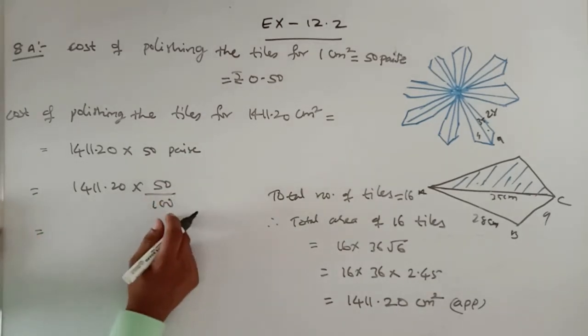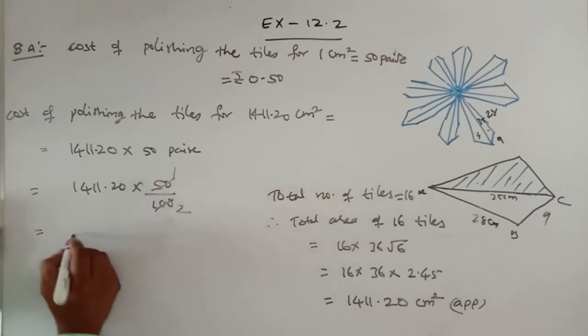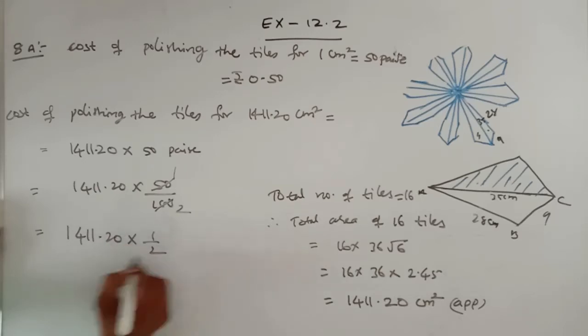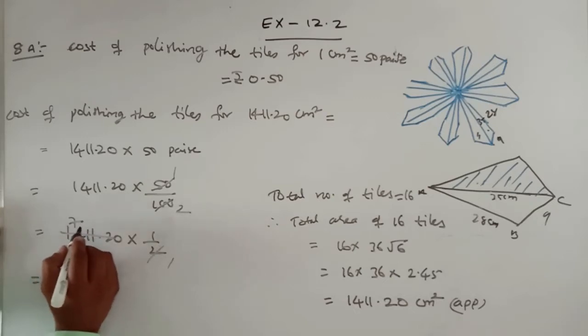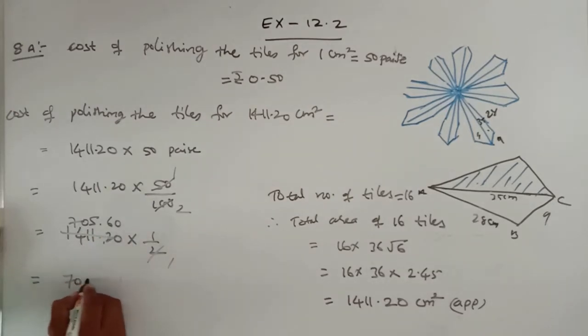1 rupee is equal to 100 paise. So 50 paise is equal to 50 by 100. 50 ones are 50, so that is 1411.20 into 1 by 2 is equal to 705.6 rupees.